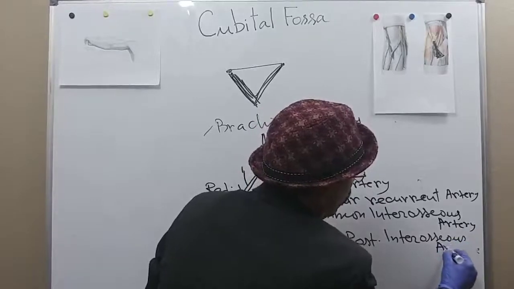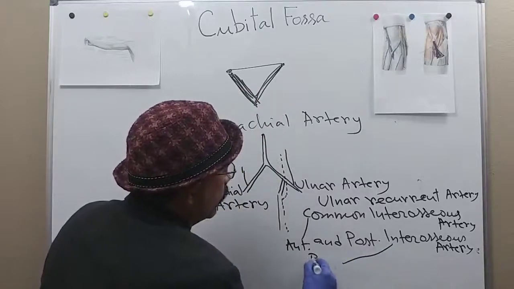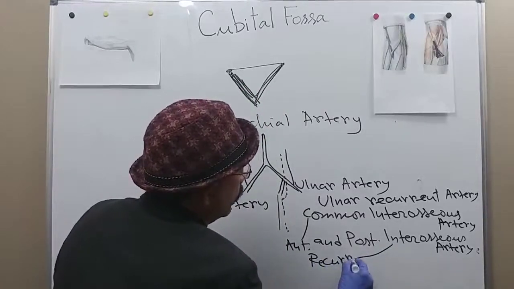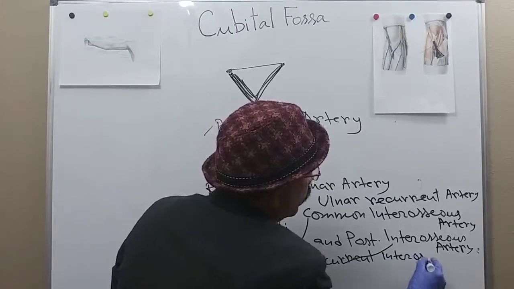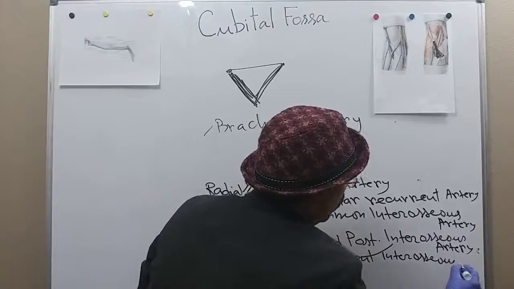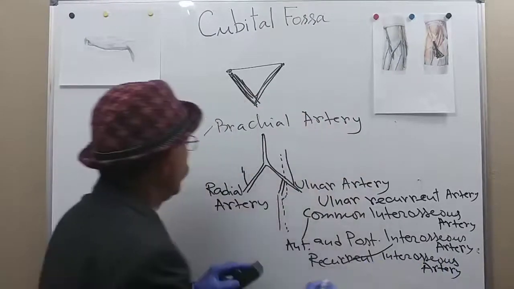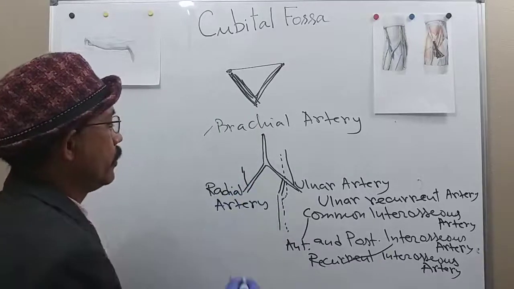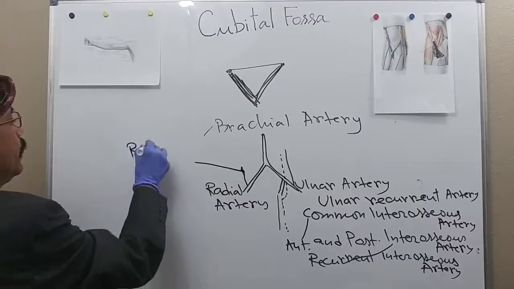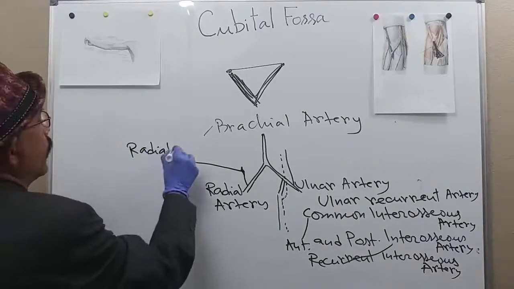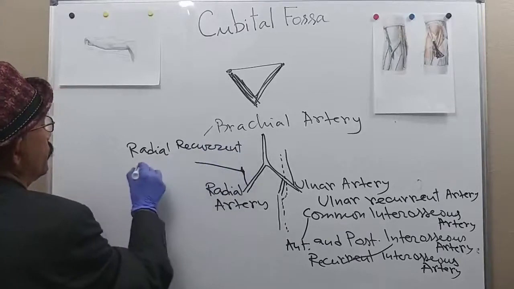Okay. From posterior interosseous artery we get a recurrent interosseous artery. Okay. From radial artery we get what? Radial recurrent artery.